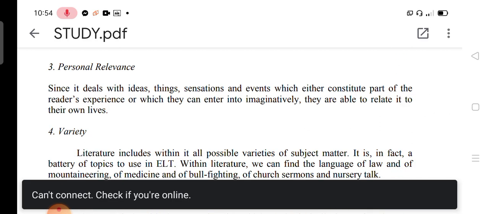Next is personal relevance. Since it deals with ideas, things, sensations, we're talking about literature and events which either constitute part of the reader's experience or which they can enter into imaginatively, they are able to relate it to their own lives. Example, if your teacher tells you a story about her life or her experiences, you're all ears, right?